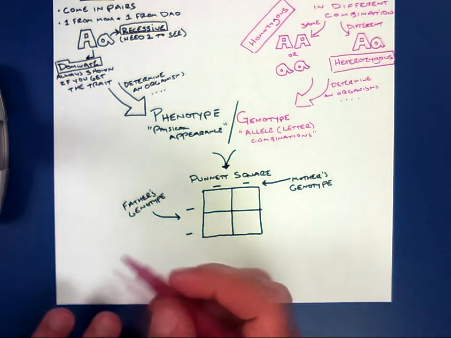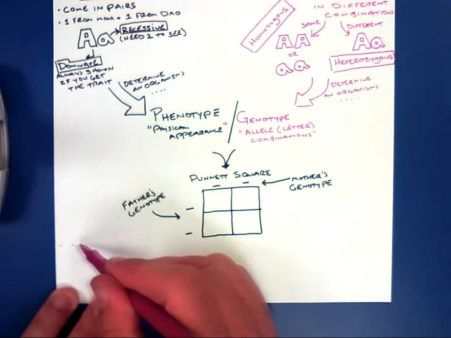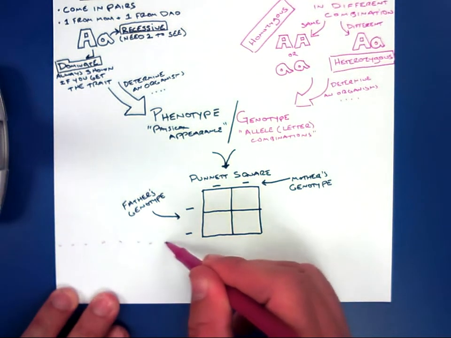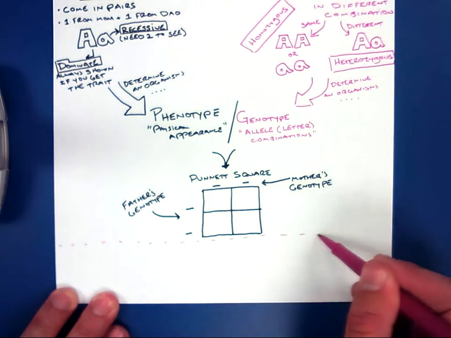And what we're going to do is do an example using a Punnett Square together to show you what it's going to look like. This is only part one of Punnett Squares, so this is just like the basic intro.